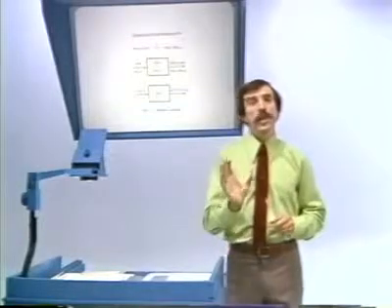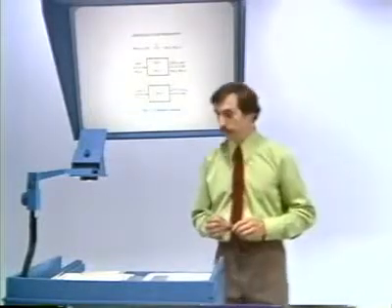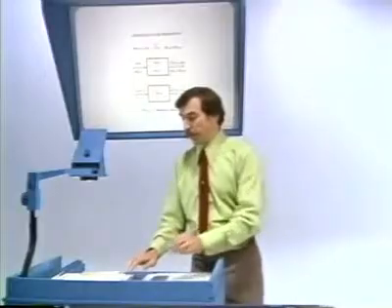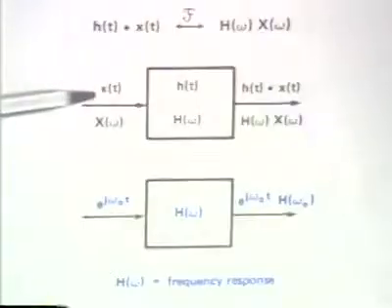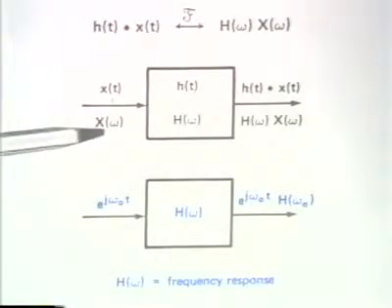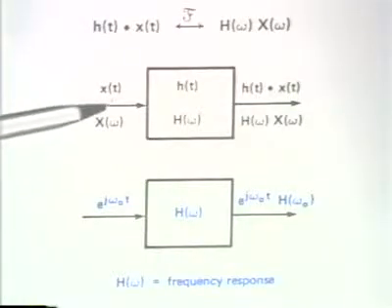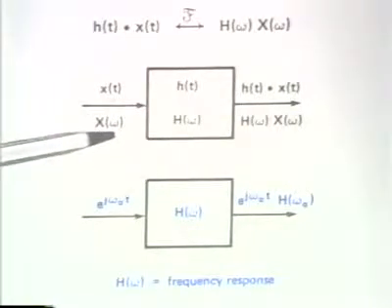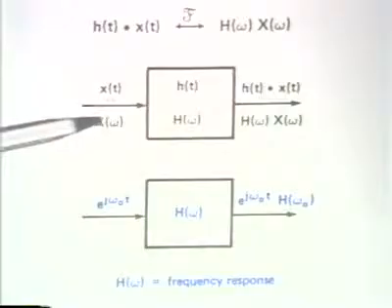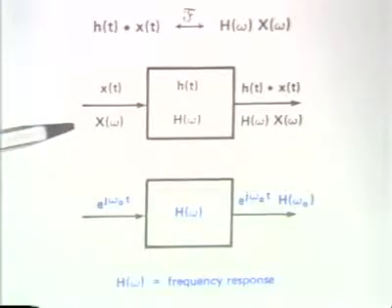What are the complex amplitudes of those complex exponentials? Well, in terms of our notation here, the complex amplitude is proportional to X of omega. In particular, it's X of omega, d omega, and then a factor of 2 pi.